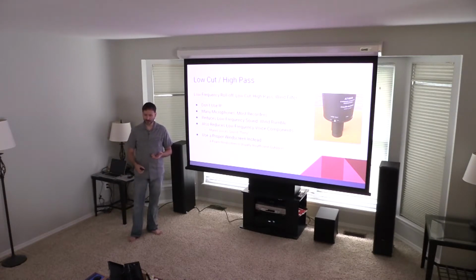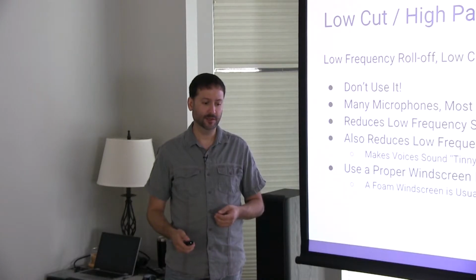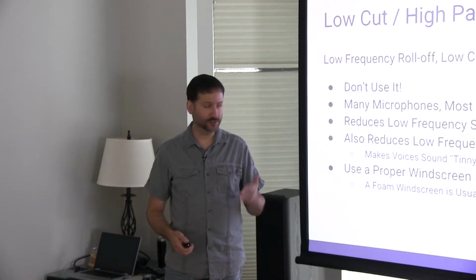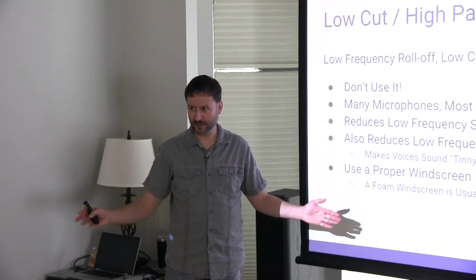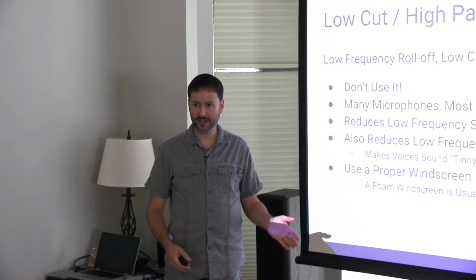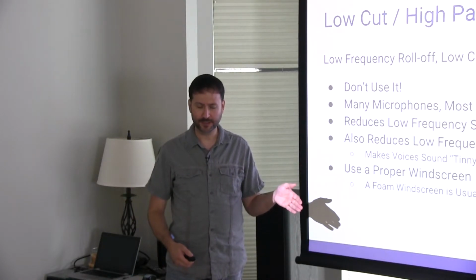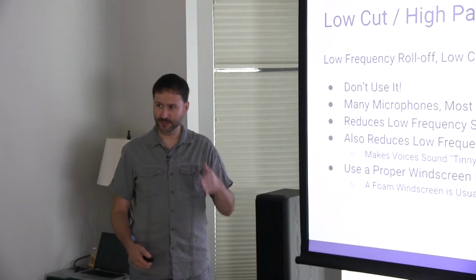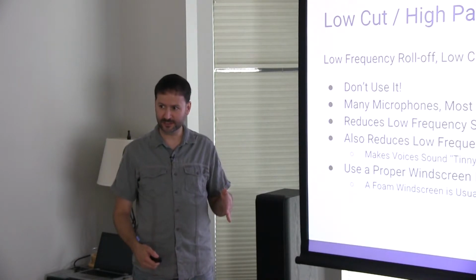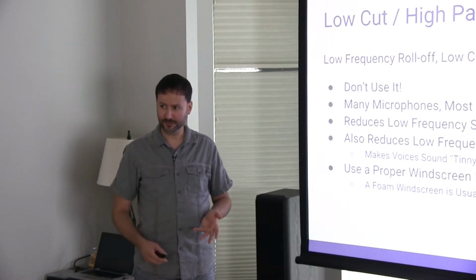But the sound that the microphone records is this really low rumble. And because it's a low frequency, you can reduce it if you just reduce all the low frequency sounds. And that's what a low cut filter does, or a high pass filter.